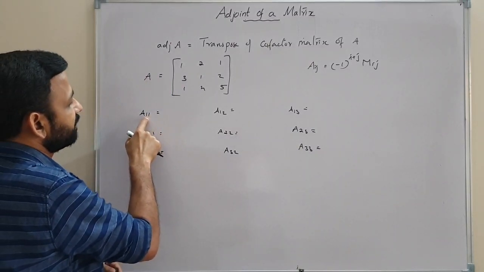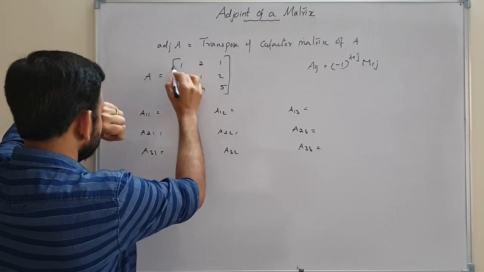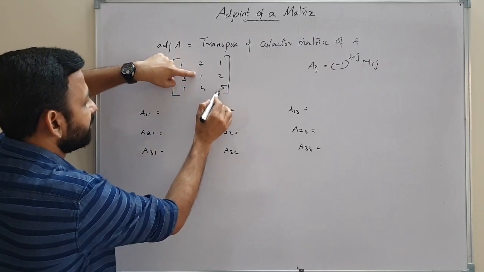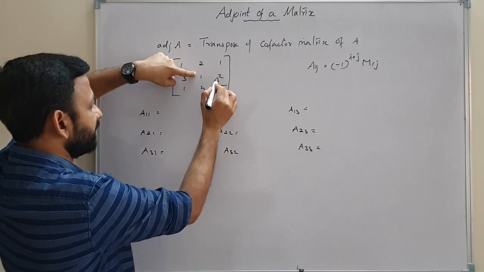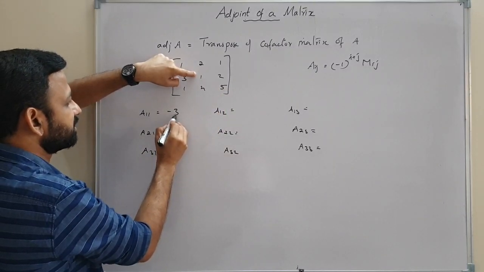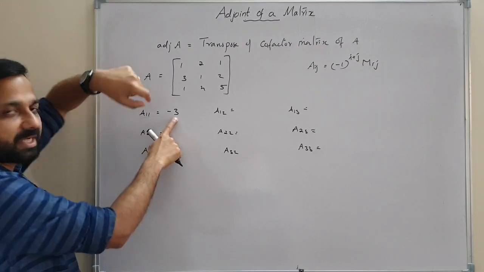So here A11. We can find the minor of A11, deleting first row and first column. Then 1 into 5, 5 minus 4 into 8, that is 5 minus 8, which is equal to minus 3. And here 1 plus 1, even number, so same sign.